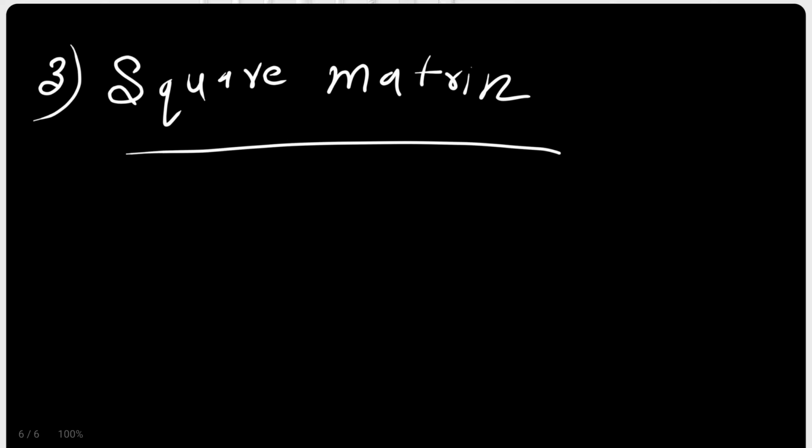The definition of a square matrix is given in your textbook: the matrix which has rows and columns equal. In a square matrix, the number of rows and the number of columns is to be equal.